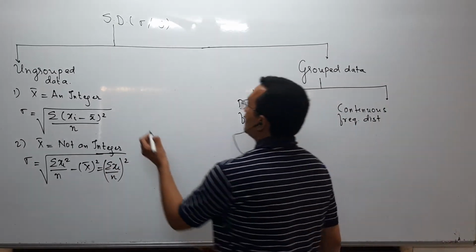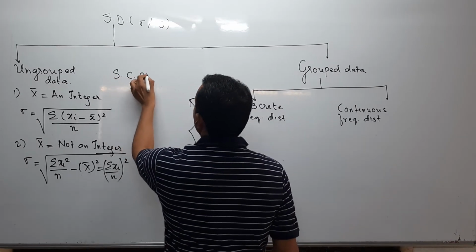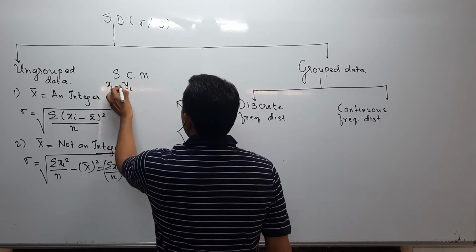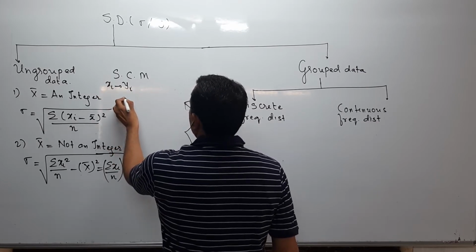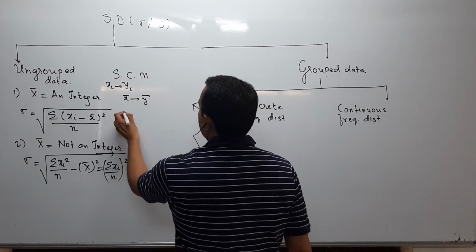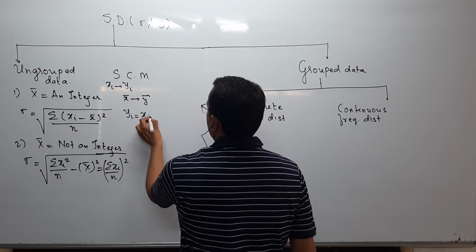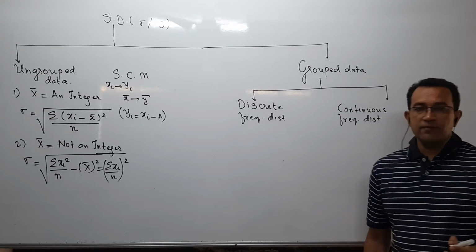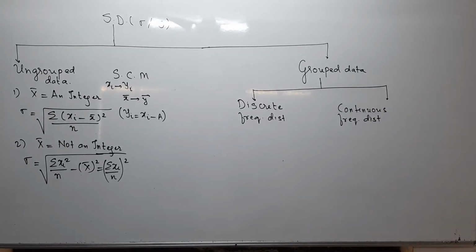Now the shortcut method formula is developed by writing y in place of xi and writing y bar instead of x bar, and y is nothing but xi minus a, where a is the assumed mean.